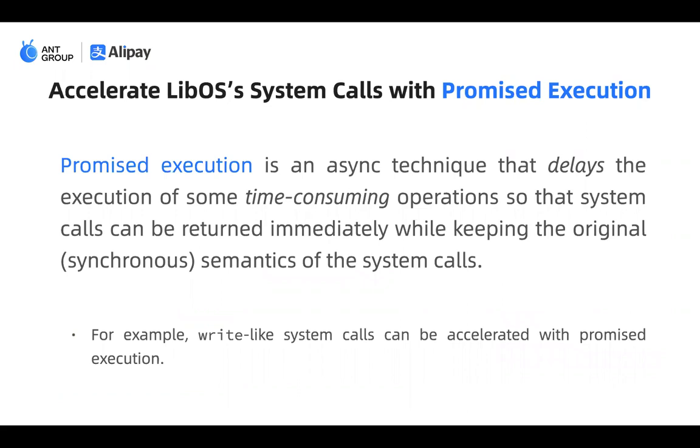Another class of async technique is promised execution. The idea of promised execution is to delay the execution of some time-consuming operations, so that we can immediately return the system call.